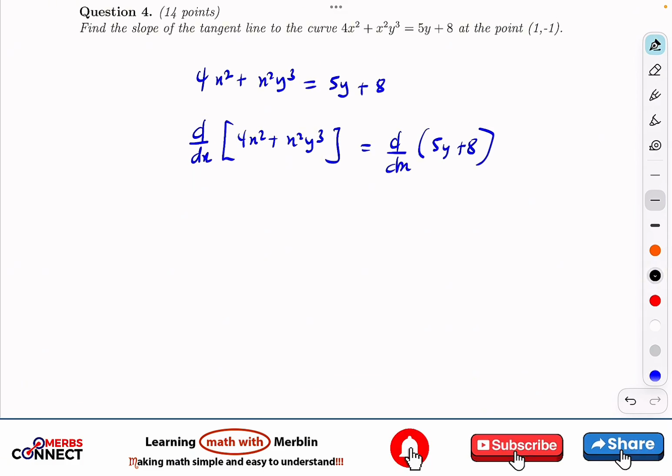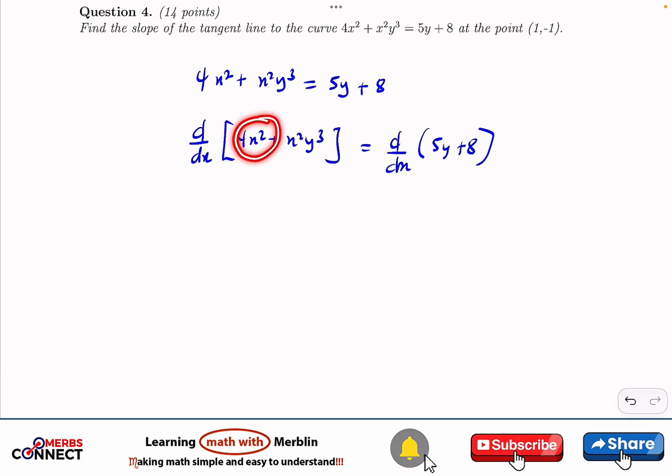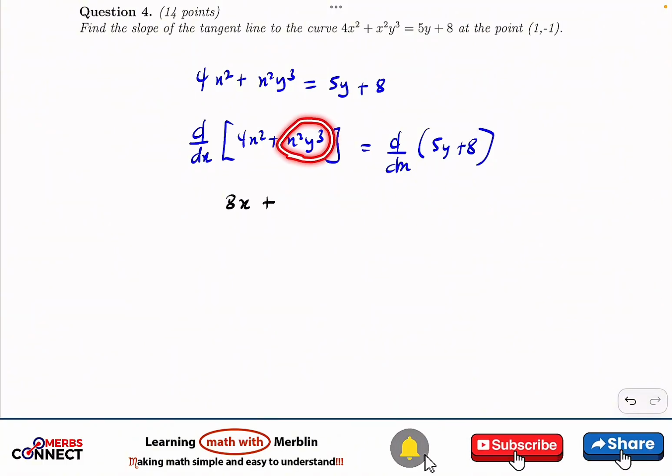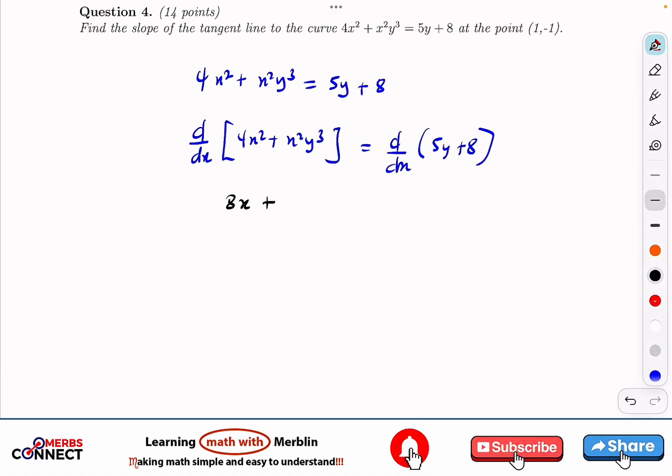Now let's differentiate 4x squared. Using the power rule, I'm going to have 8x plus. Now for this we need to use the product rule because we have two functions, x squared and y to the power 3. Let a equal x squared and b equal y cubed.